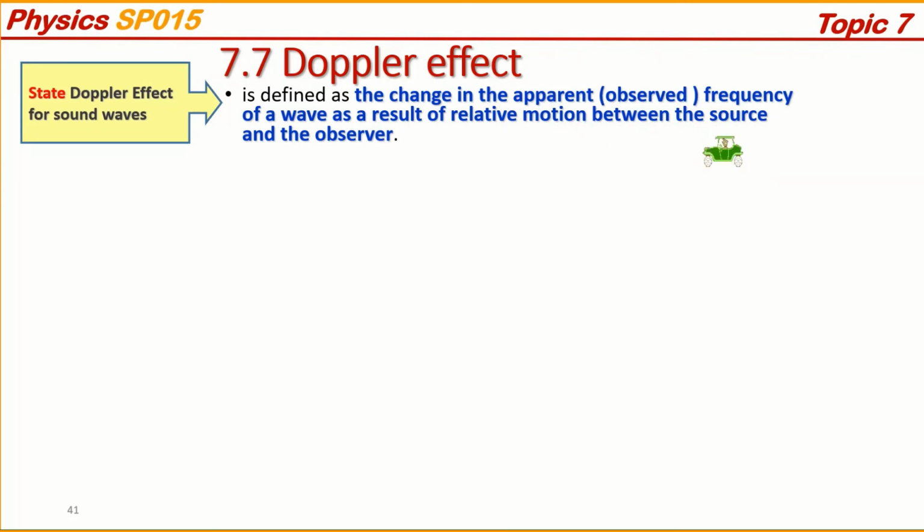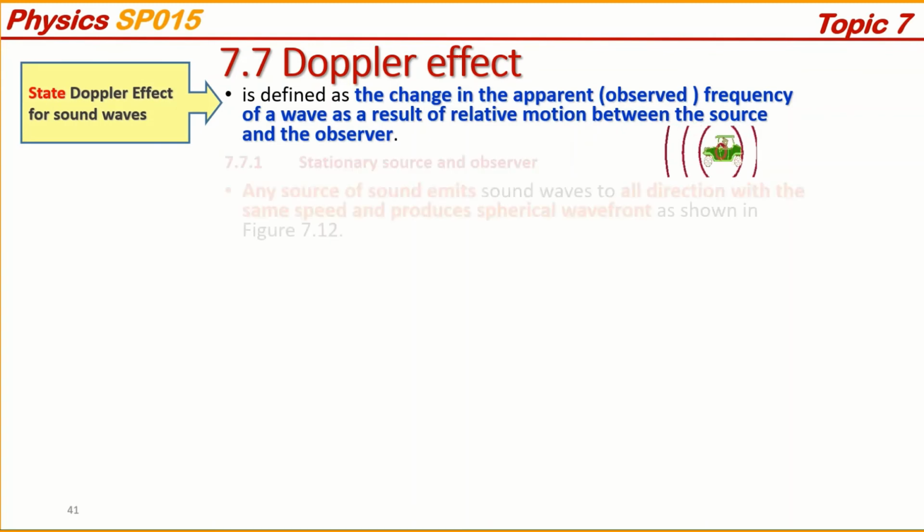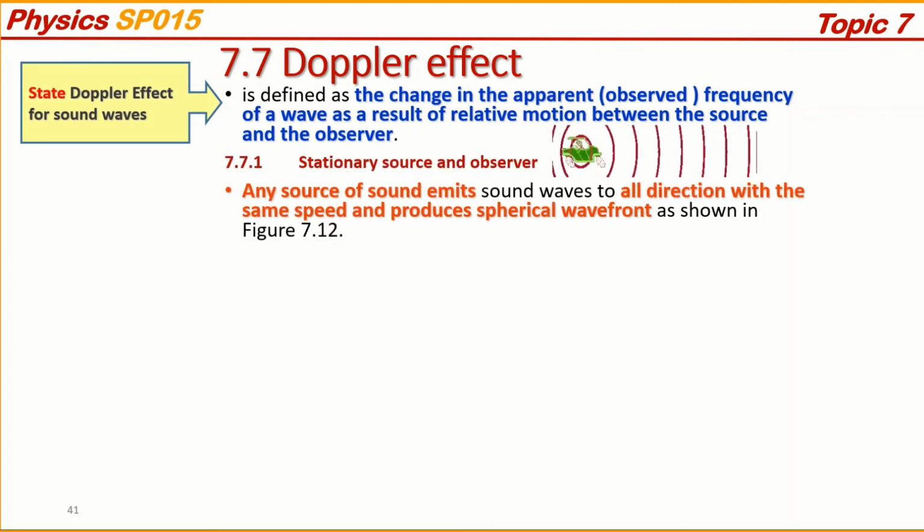Doppler effect is defined as the change in the apparent observed frequency of a wave as a result of a relative motion between the source and the observer. Stationary source and observer.